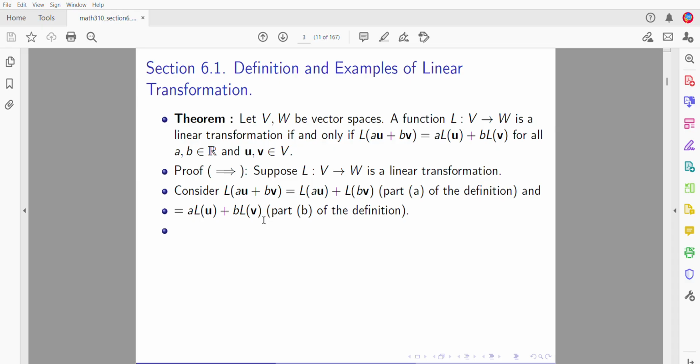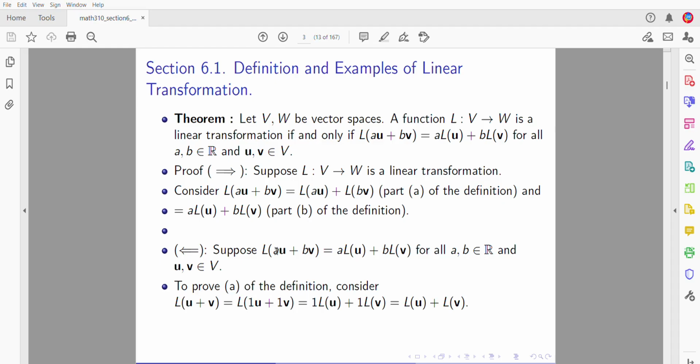Reverse direction. Suppose L of au plus bv is a L of u plus b L of v for all real numbers a, b and all vectors u, v. You want to show that L is a linear transformation. To prove A, that L respects vector addition, take any two vectors u and v. L of u plus v is L of 1u plus 1v.